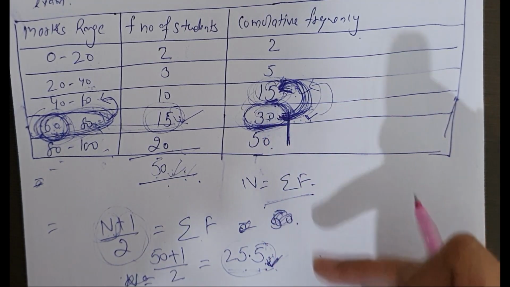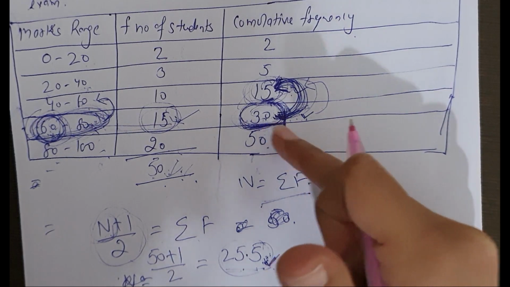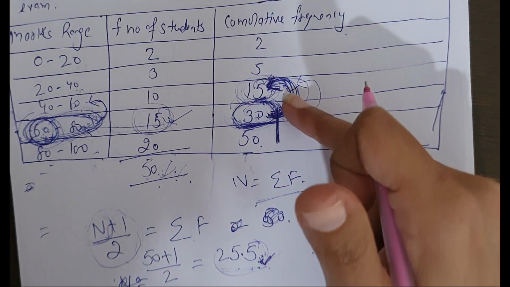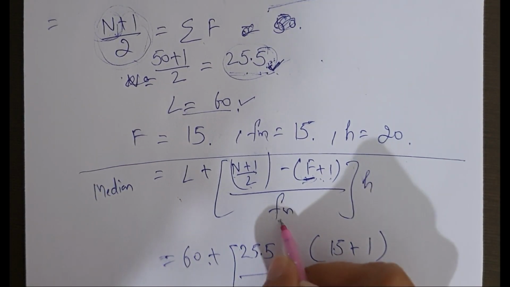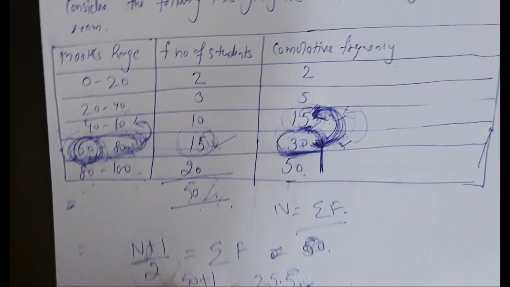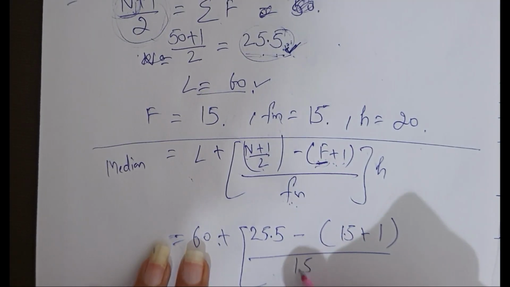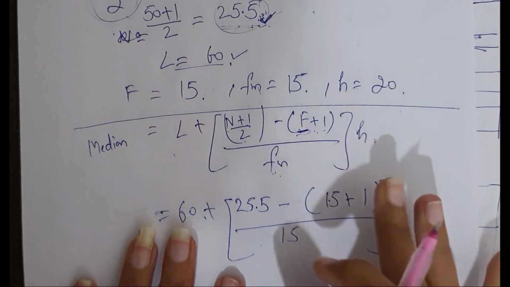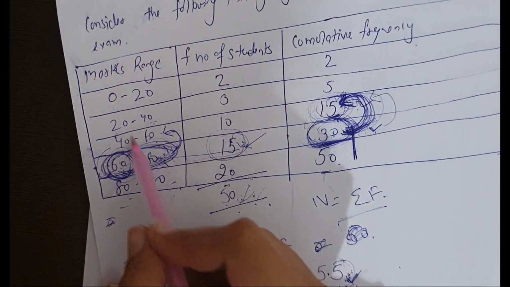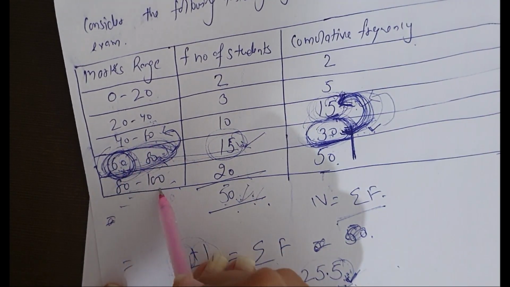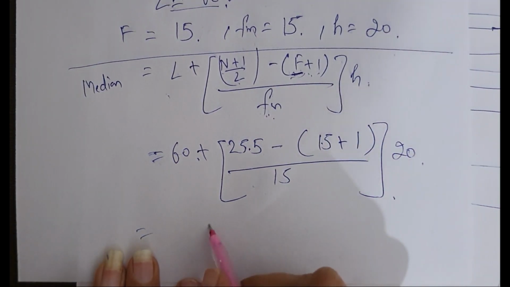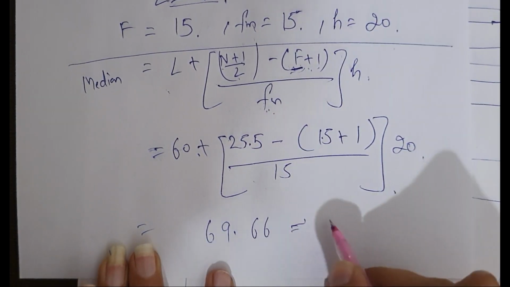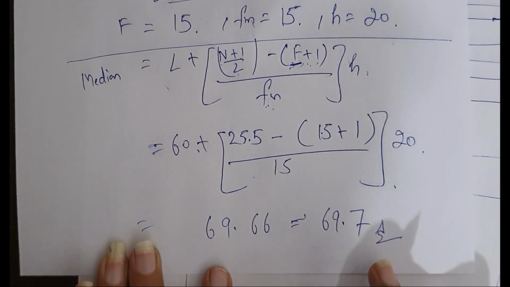In every case, we have to take the cumulative frequency above that cumulative frequency, because that's demanded in the formula. Upon fm. Fm means frequency of the median class, that is 15, into h. H means width of the median class, that is 20. Now solve it and you will get your answer, that is equal to 69.7. Now this came out to be the median of this group.